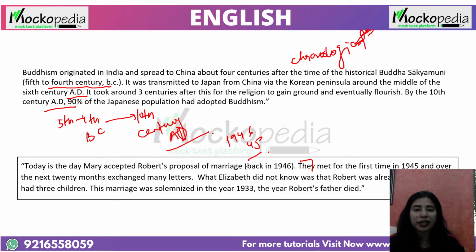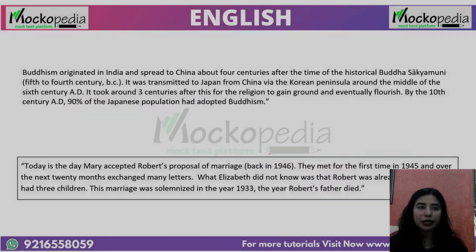This marriage was solemnized in 1933. So, are you able to see that first we are talking about the latest event and then we are going back in history? So, that's how you can have both arrangements. It will not happen that you will be given both options correct. It will not happen that one arrangement would be in chronological order and simultaneously it can be arranged in reverse chronological. That would not happen. So, please don't create unnecessary confusion in your mind, right?